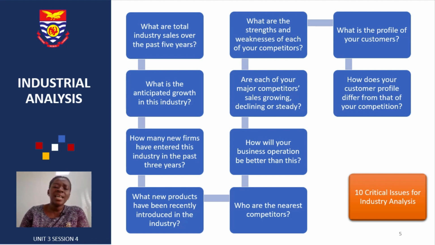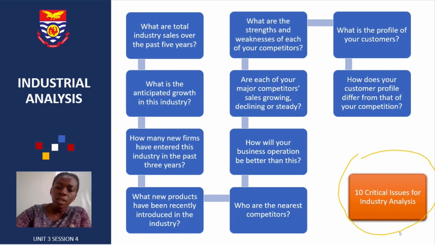There are 10 critical issues you would have to address when you are doing your industry analysis. You want to first look out for the total sales over the past 5 years. If you're going to be very sustainable in your business, you need to do the real feasibility. Go down into the industry, do your analysis well, do your research well. Find out, has sales been dropping in this industry? Has sales been stable? How has sales been over the last 5 years?